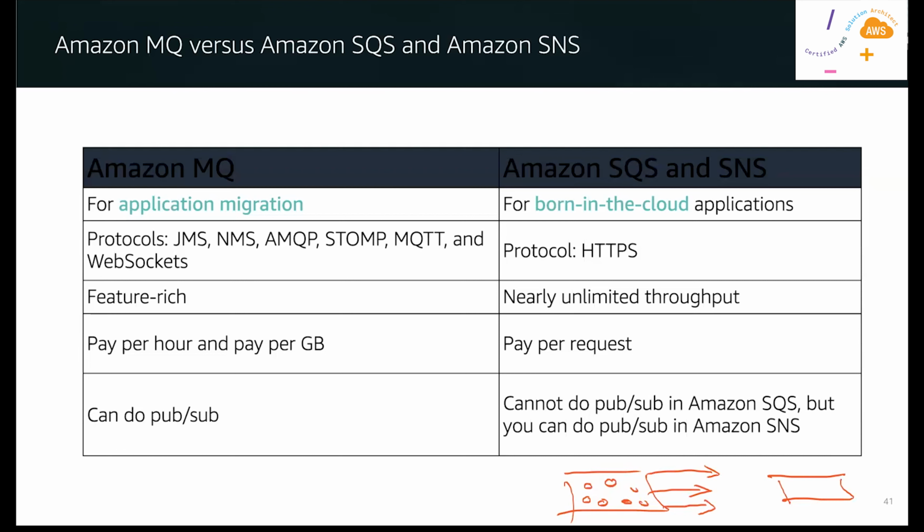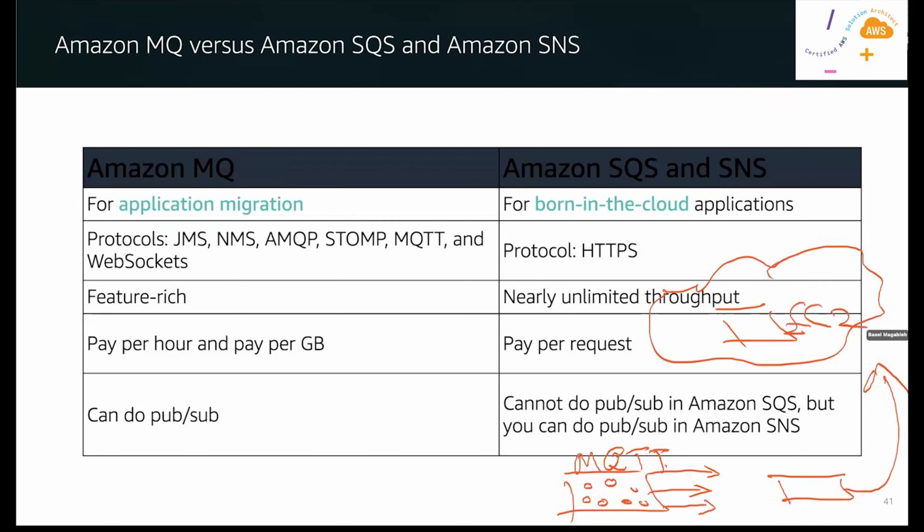In this case, you want to link the MQTT that you have on the Raspberry Pi in your home with the infrastructure that you have in the cloud. Maybe you have an EC2 machine where you want to display all this sensor data in a smart home dashboard. Now, Amazon MQ can be used with multiple protocols, like the ones which support Java or WebSocket, but SNS and SQS are HTTPS only.